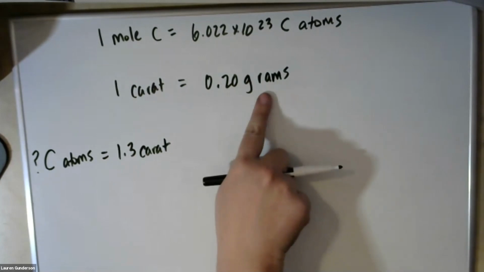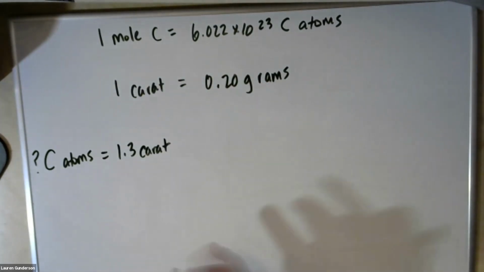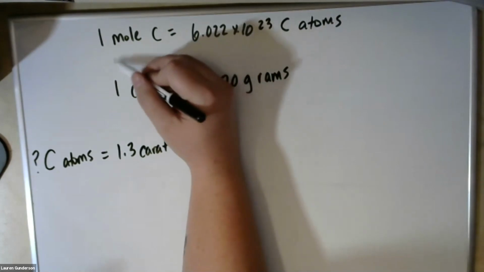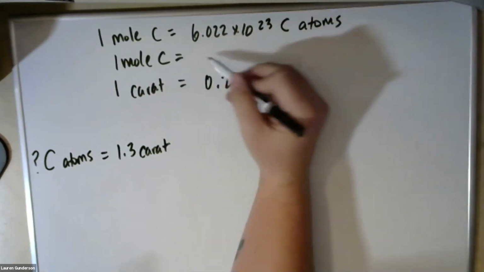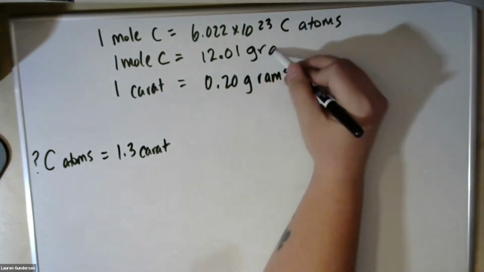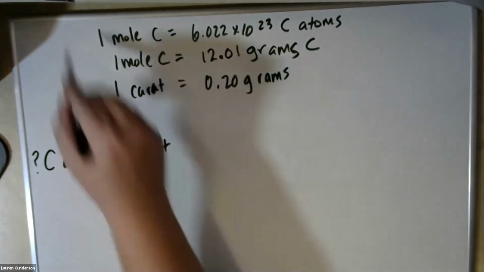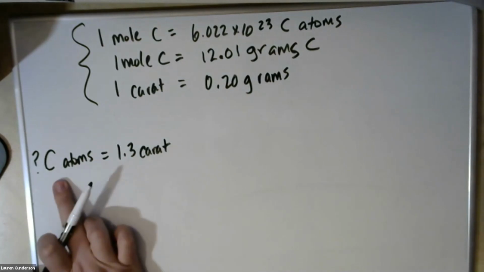And I also know how to get between grams and moles from my periodic table. For carbon, the molar mass is 12.01 grams per mole. So for every 1 mole of carbon, there are 12.01 grams of carbon. I can use all 3 of these conversion factors to get from carats into atoms.